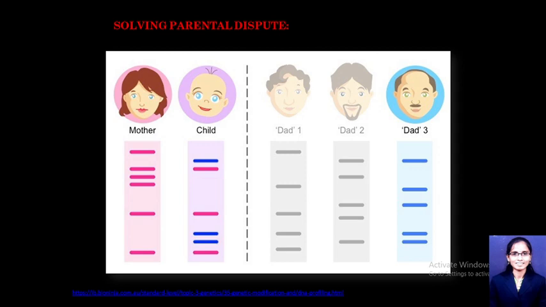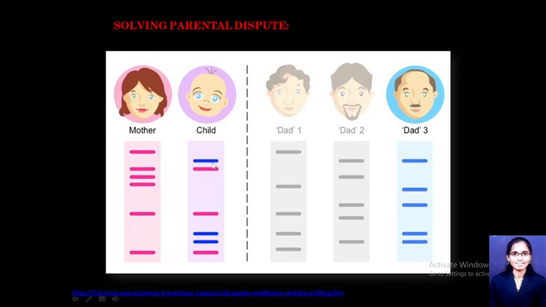Here, suppose these are the three dads who are fighting with each other and each is saying that this is their child. If this case goes to the forensic lab experts, they will take a DNA sample from each of them along with this small child and his mother. After performing the DNA fingerprinting technique and interpreting the result, they will check the DNA fragments present on the child.